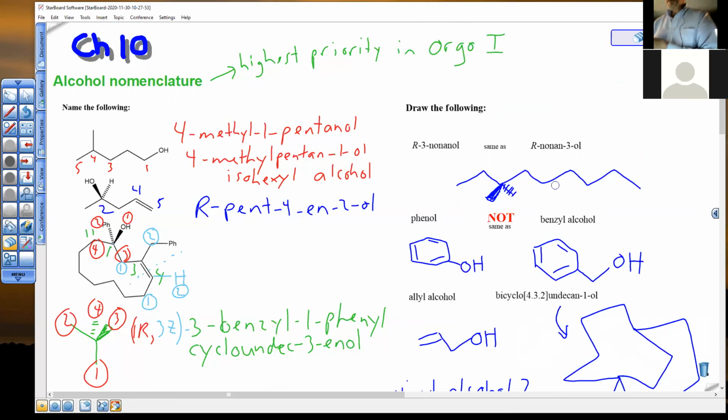We'll pretend I was never wrong. So when the number 4 group's on a wedge, you connect 1, 2, and 3, you get S. S is wrong, right? So now it's R. And thank you for catching that, because there's nothing more frustrating than looking at the notes when there's a mistake in it and saying, I must have missed that part of the lecture. So it's all fixed now.